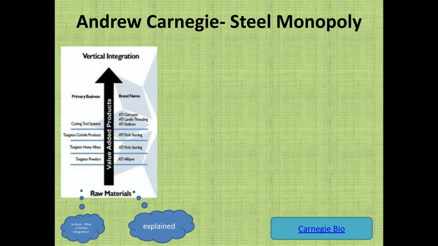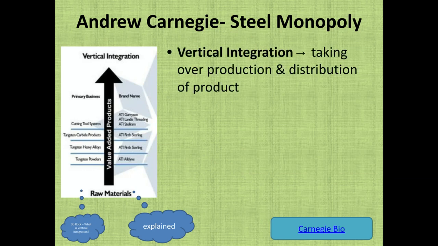So what Andrew Carnegie uses to do this is something known as vertical integration. Vertical integration is the concept of controlling the production and distribution of a particular product, and it creates total control over that product.